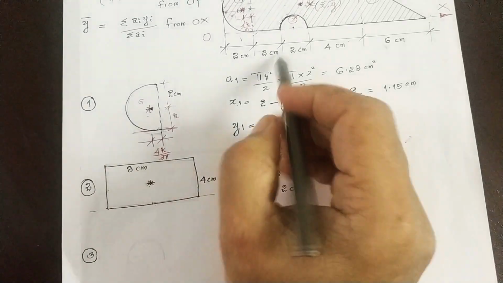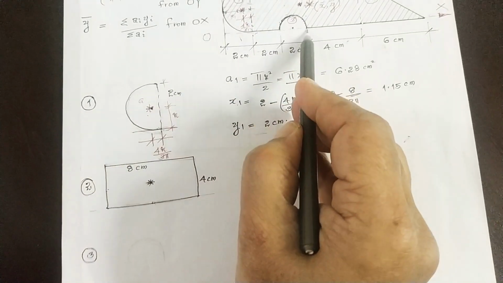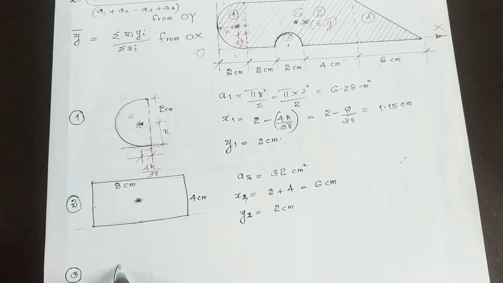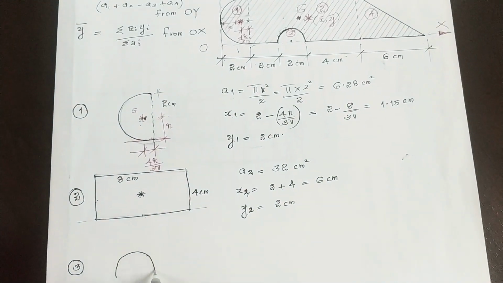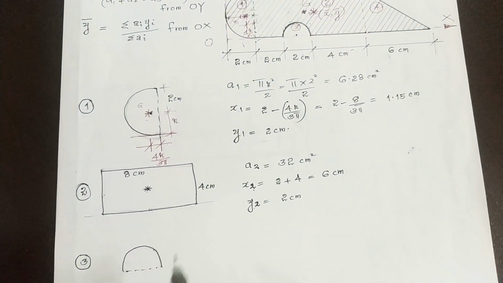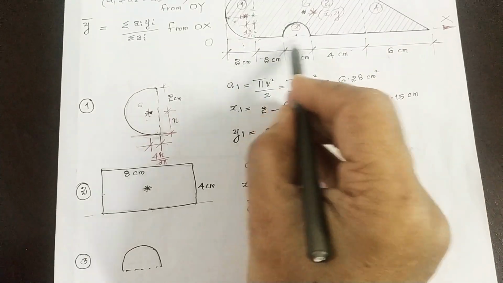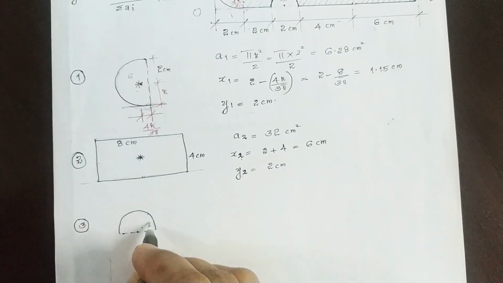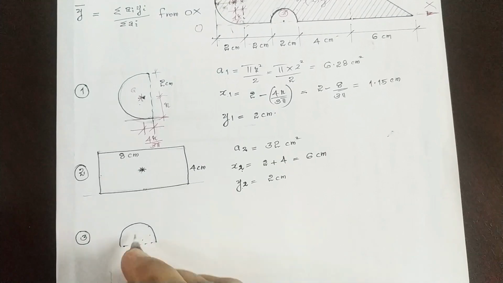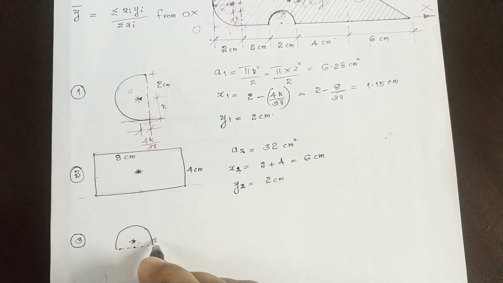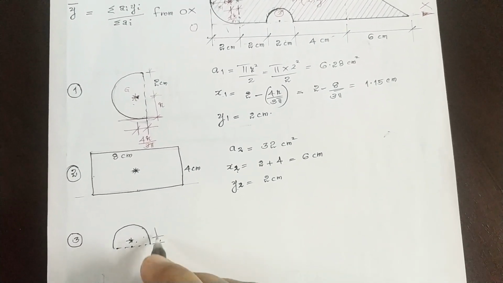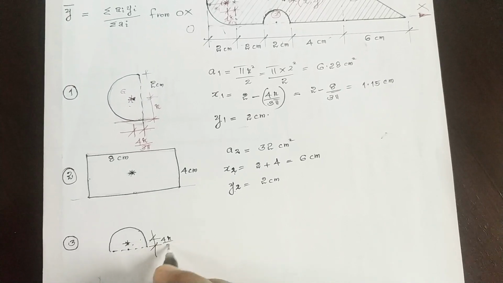Now we have the third figure, which is a semicircle which has been cut off. It is oriented like this. The semicircle, what are the dimensions? It has a diameter of 2 centimeters, or rather the radius is 1 centimeter. And the centroid is, we know that this distance is 4r by 3 pi.